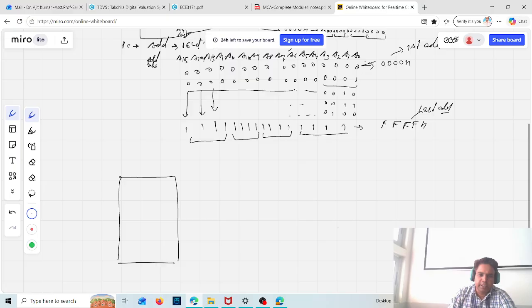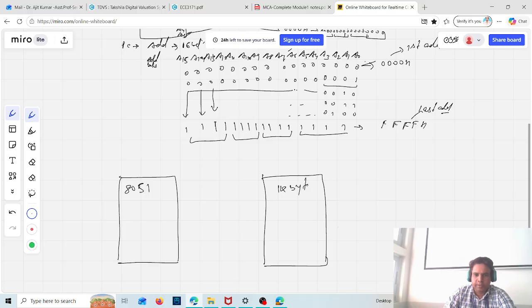Let us say our 8051 is connected with something, let's say 1 kilobyte. 1 KB is the memory chip capacity. I'm not connecting 64 kilobytes of memory chip. I'm connecting a memory chip whose capacity is lesser than 64K.